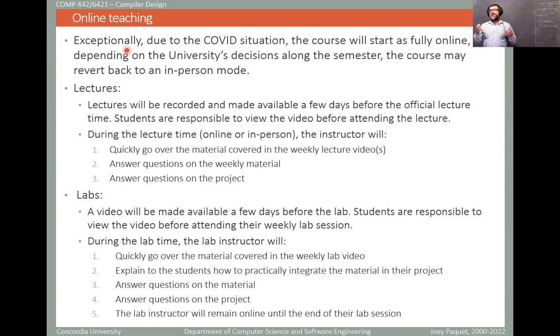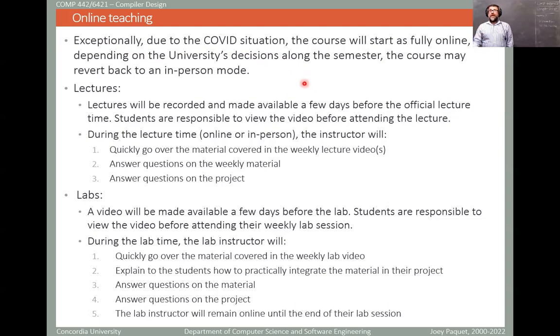But there are also some students that really want to be in person, that are not doing well with online teaching. I can understand that too. So that's why I'm flexible and I'm going to try to accommodate people. Even if we're going back in person, I'm still going to accommodate the people that want to stay online. It's going to be flexible, whether you want to be in person or online.